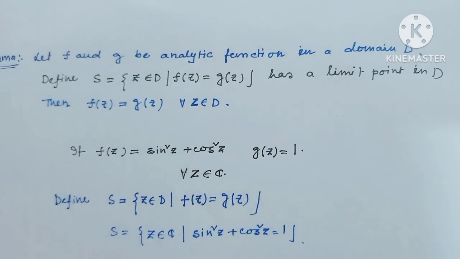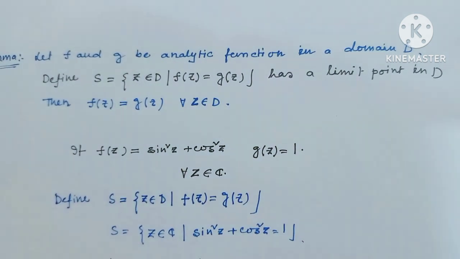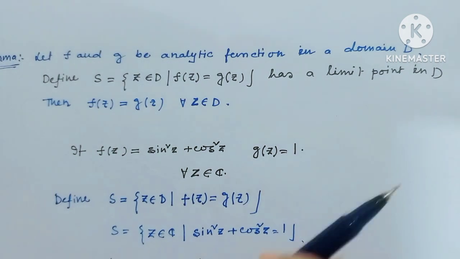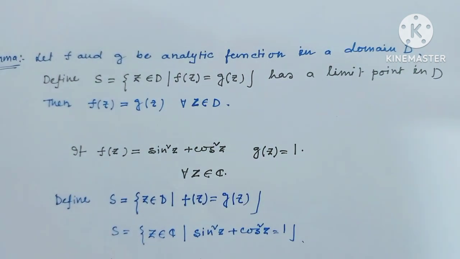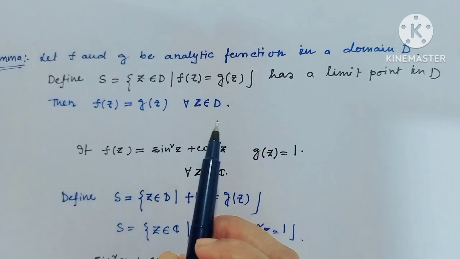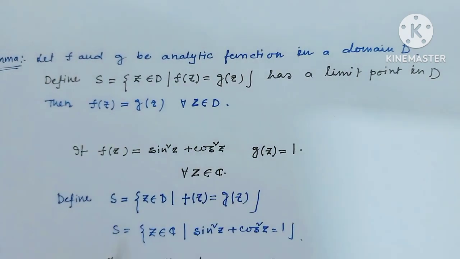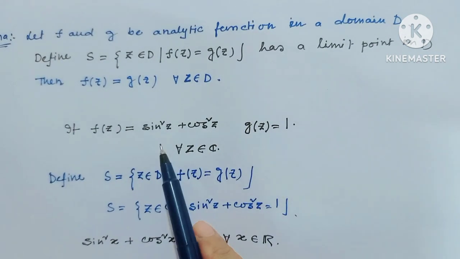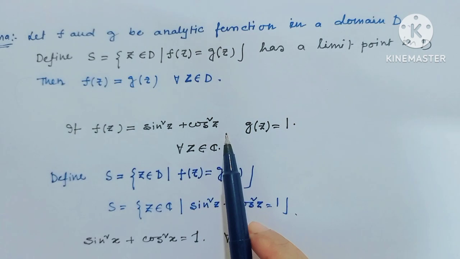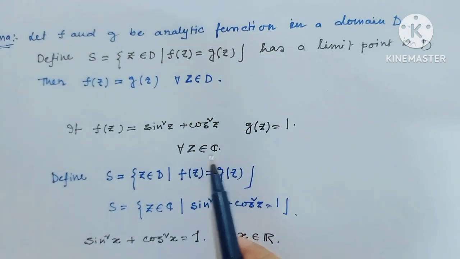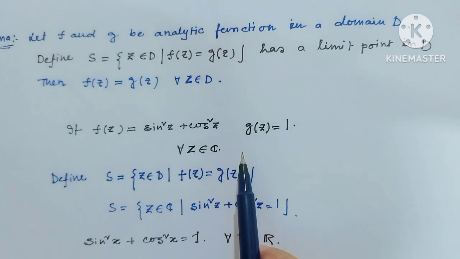We all know if f(z) is an analytic function in a domain D, and if we consider the set S equal to z belongs to D such that f(z) equal to g(z) has a limit point in the domain D, then we can tell f(z) equal to g(z) is true for all z belongs to D. Here consider f(z) equal to sin squared z plus cos squared z and g(z) equal to 1, and this is true for all z belongs to C.